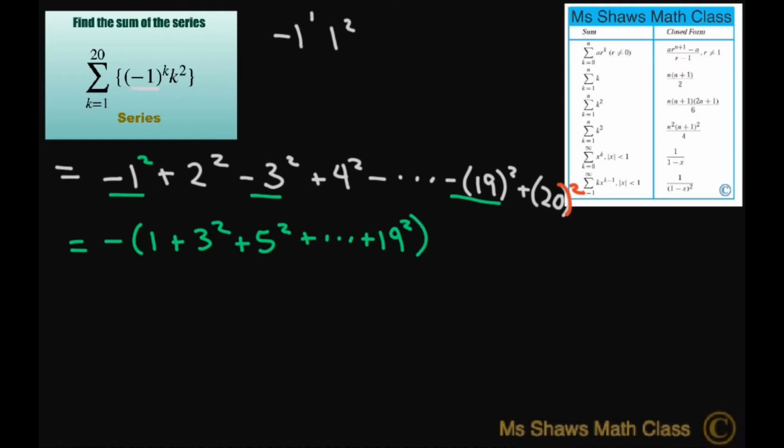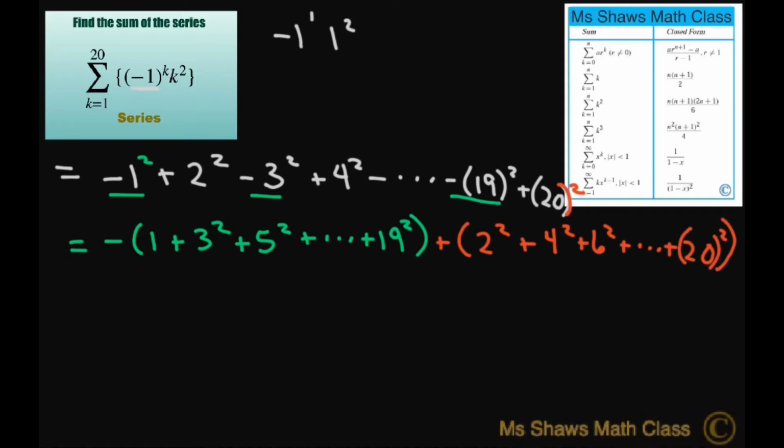All right, so that's for your odd numbers. Then your even numbers are already positive, so that's just going to be 2 squared plus 4 squared plus 6 squared plus, dot, dot, dot, plus 20 squared.